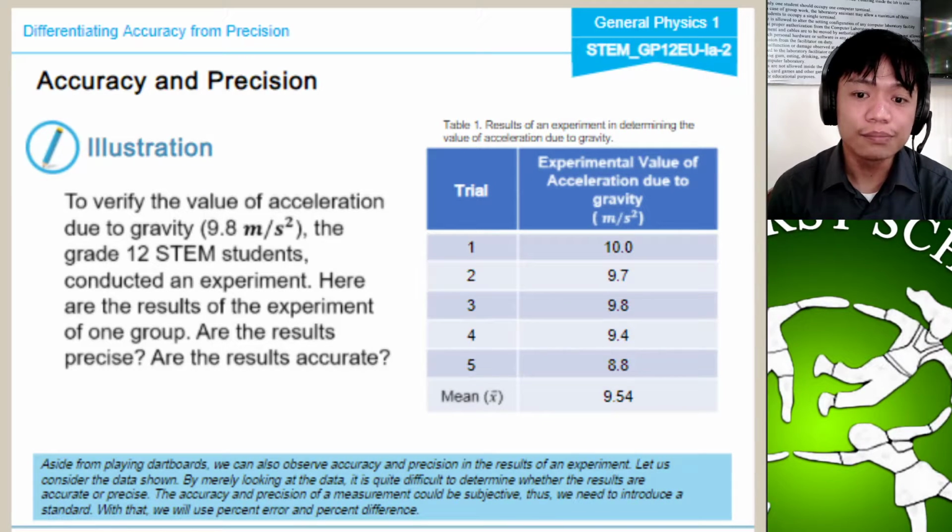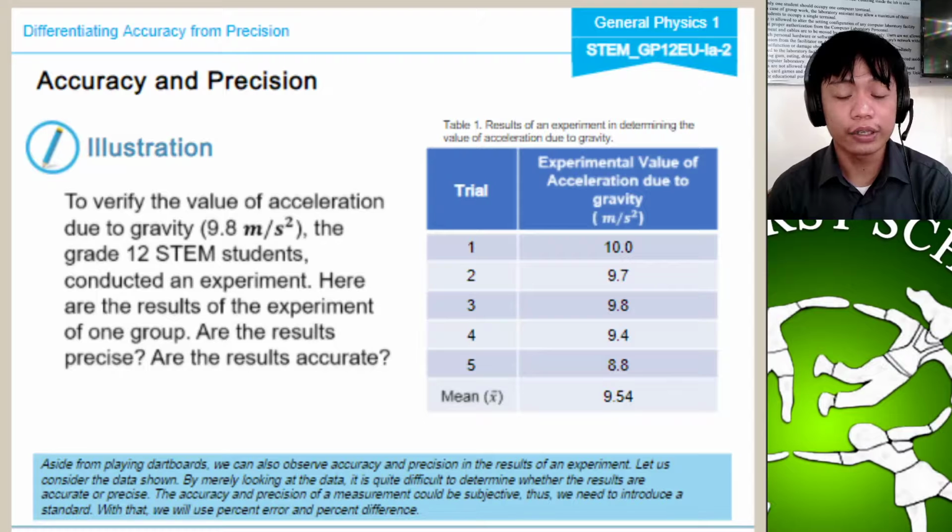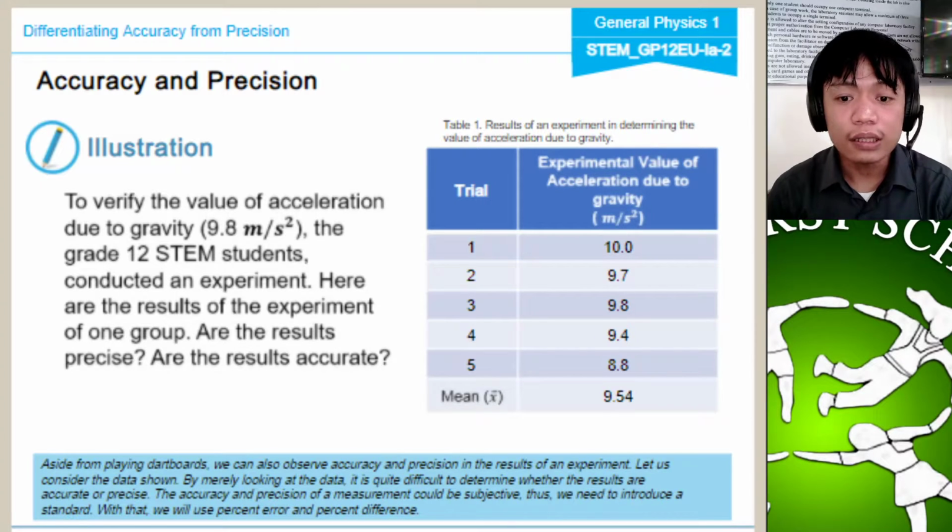So, basically, the standard value is the acceleration due to gravity, which is 9.8 meter per second square. So, based on the presented table, did we get the 9.8 meter per second square?